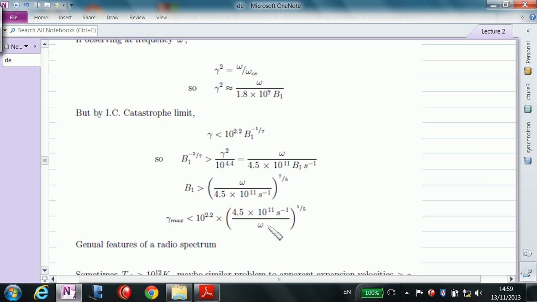Maybe this could be a factor of 100, and 100 to the 1/5 power is a small factor. Anyway, you know from B to the 1/7 that it's a very modest factor.